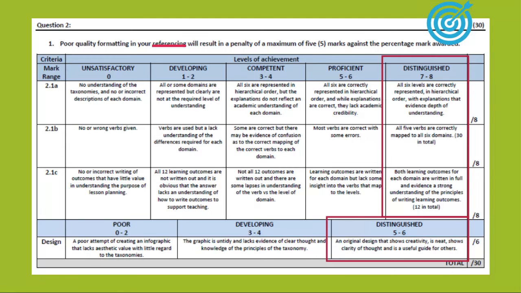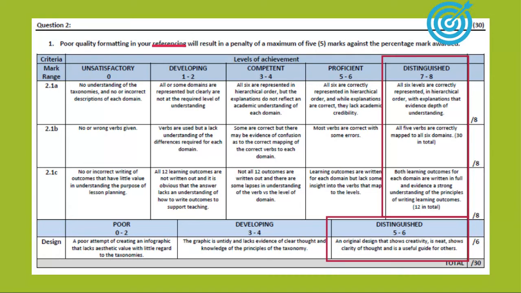If we look at the rubric, also reference, please. When you use ideas, you need to reference. If we look at the last column, to earn 7 to 8 marks, you have to look at this column and make sure that for question 2.1a, which is the 6 cognitive levels that you have identified and described, it is correctly represented, with an explanation that evidence depth of understanding.